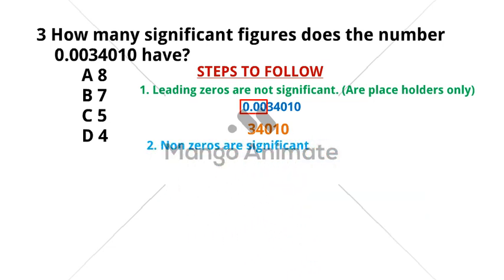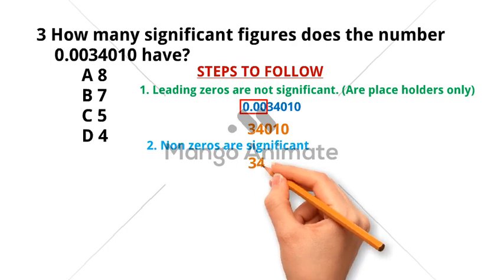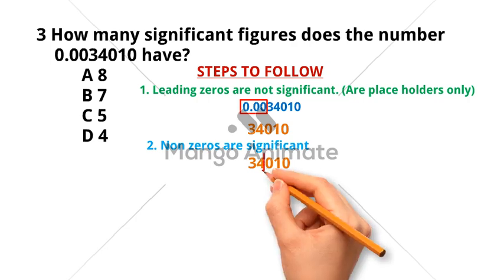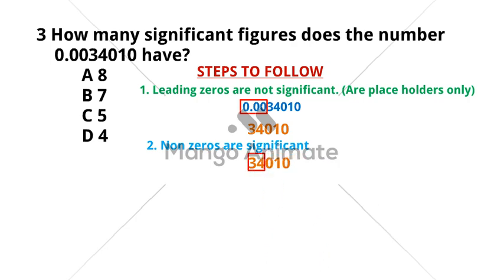Those numbers that are not zeros are significant, so 3, 4 and 1 are significant. Why? Because they are non-zeros. So those will remain.